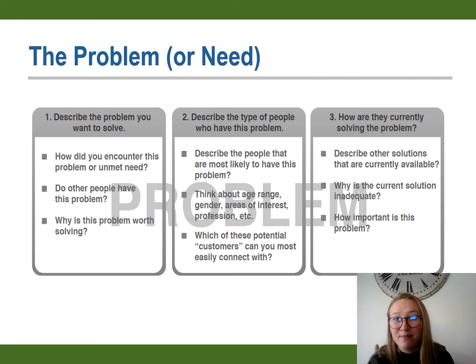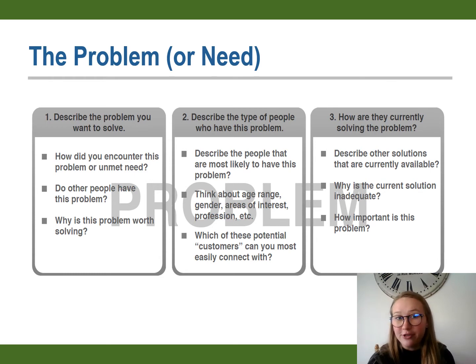Answering the questions in box 2 helps you begin to think about who your potential customers are, whether they have things in common like age, gender, or location, and whether there are enough of them to make your business successful and sustainable long term.